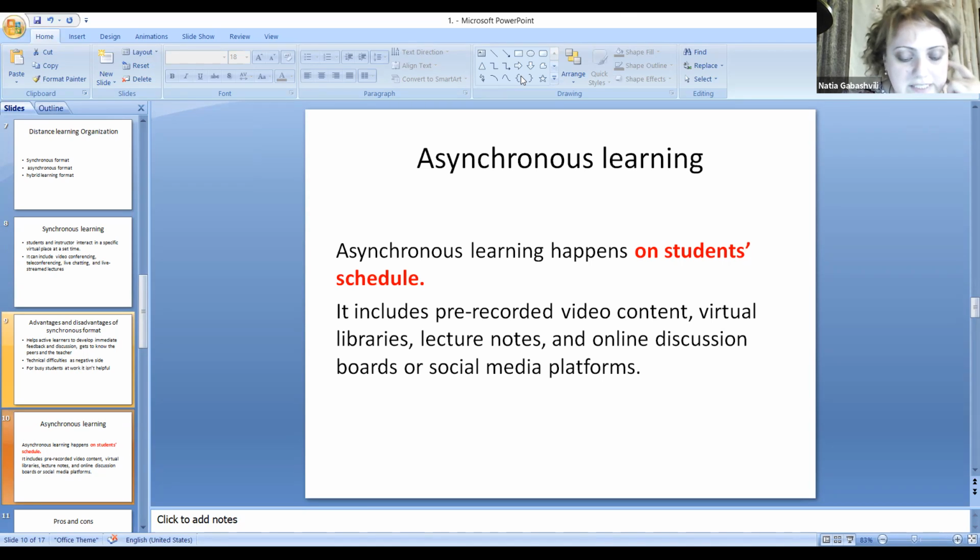Common methods of this format include self-guided lesson modules, pre-recorded video content, virtual libraries, lecture notes, and online discussion boards or social media platforms.